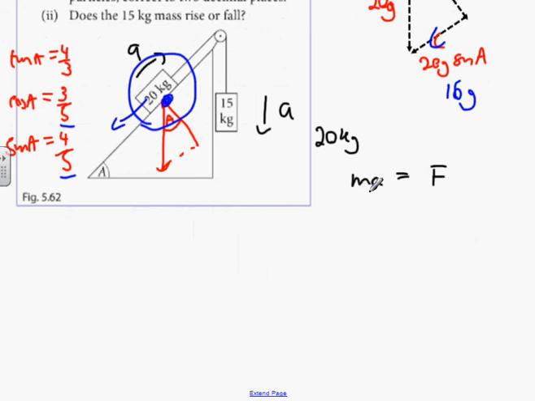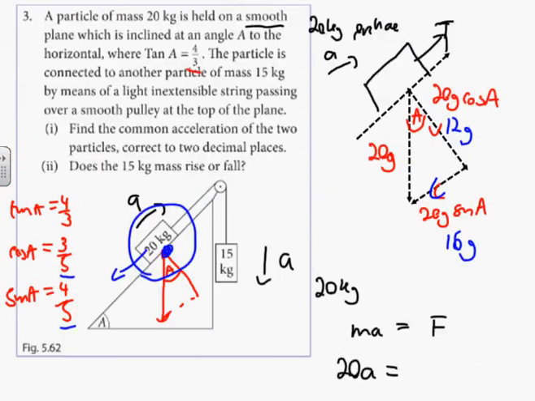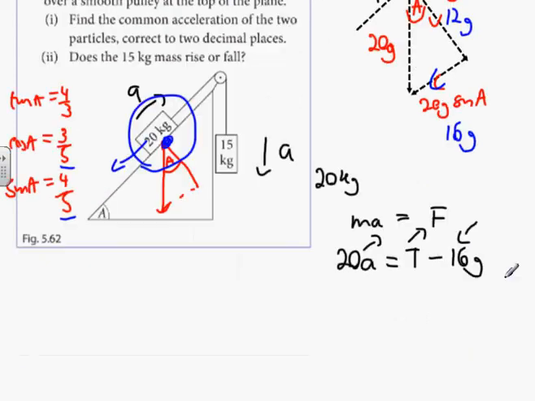What's ma for the 20 kilogram particle? 20 times a. What force drags it up the hill? T. So 20a going up the hill equals T going up the hill. Is it minus anything? 16g. 16g is causing you to slide down the hill. And that there is your first equation.